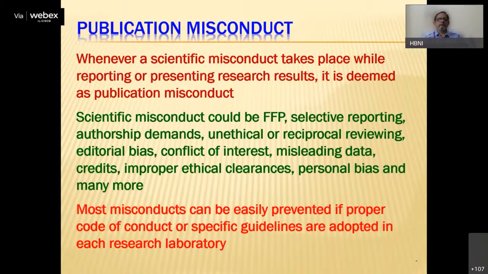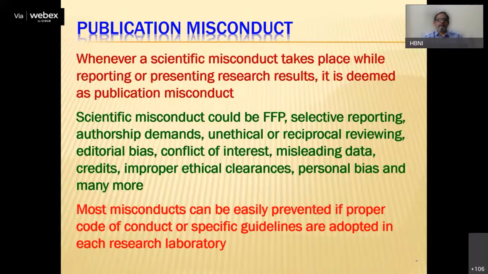I'll touch upon this a little bit in this lecture, but in the next lecture I'll take it up in more detail. Then unethical or reciprocal reviewing, which I'll also try to take up in this lecture itself.